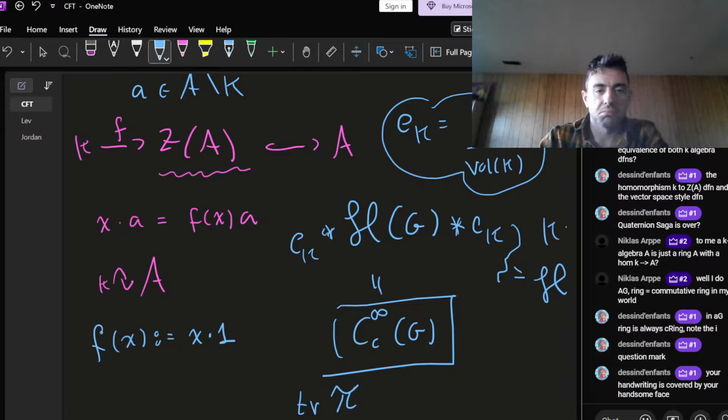And by the ring axioms, this should be a homomorphism, and then you can prove that that's the homomorphism. You can prove this is a mutually inverse thing. That if you take this process we described above, by definition, you recover the vector space.